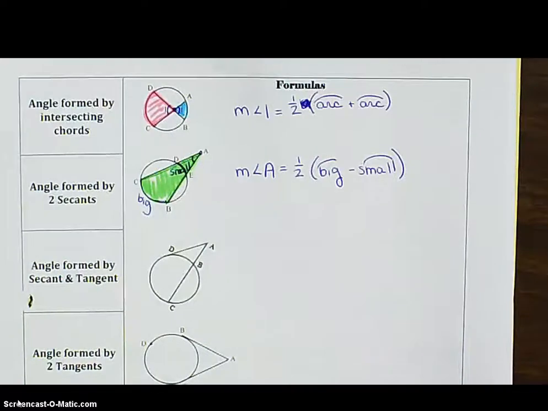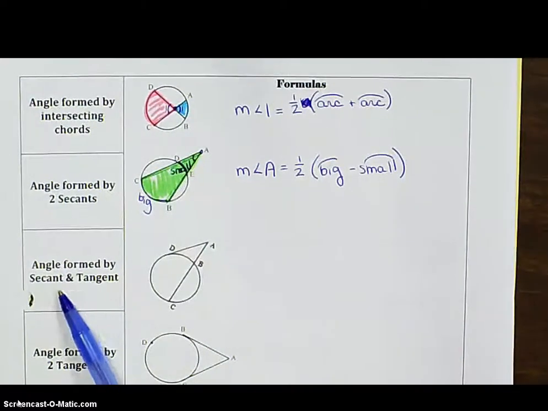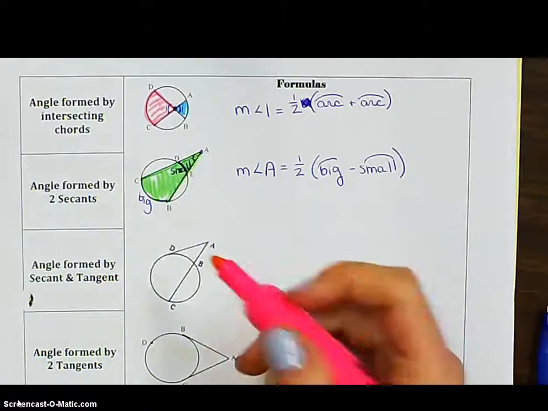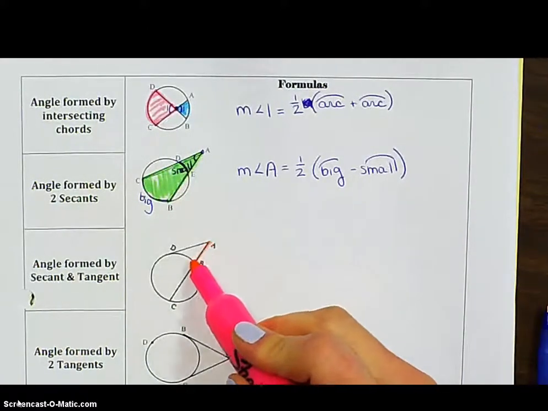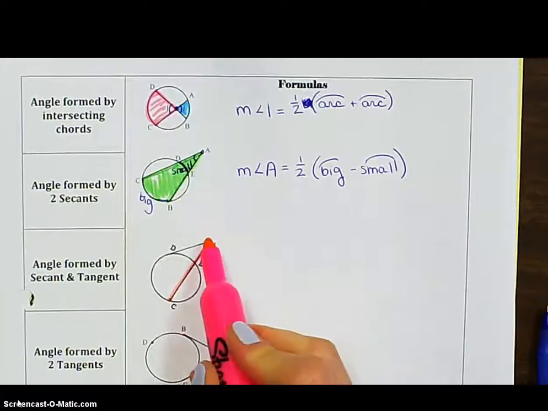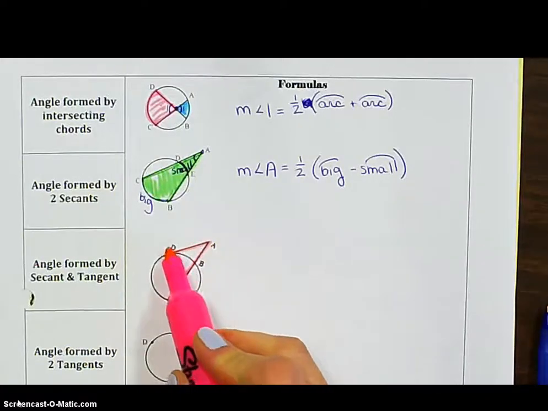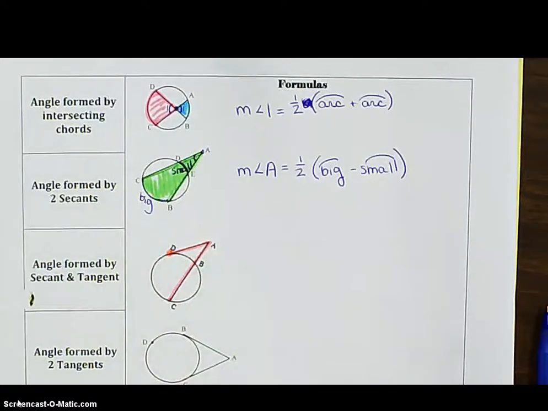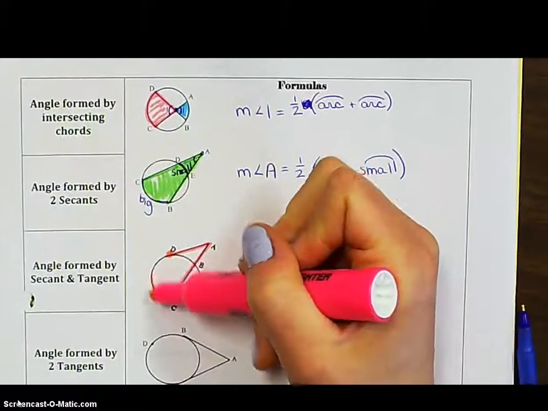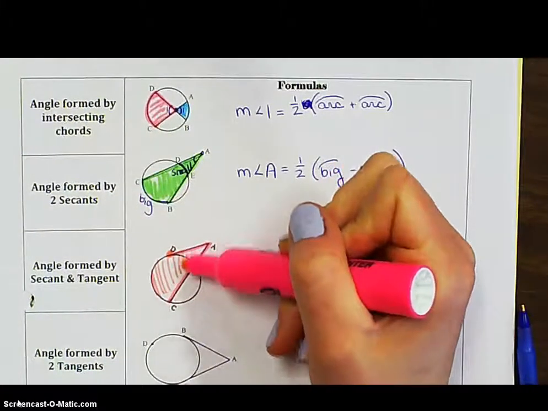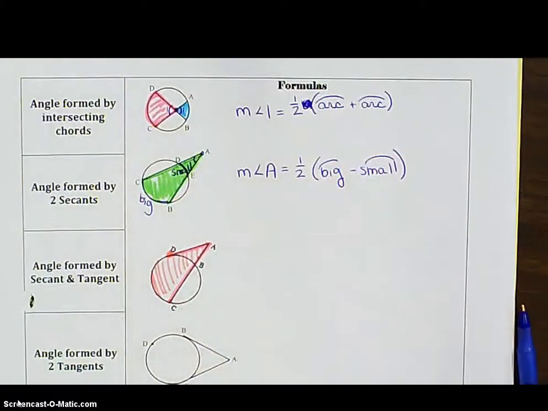Now, if I take a look at the third example, we have an angle formed by a secant and a tangent. Here is my secant. A secant starts outside of a circle and goes all the way through. And a tangent just touches the surface there. So there's my point of tangency at D. Inside of this angle, do we have 1 arc or 2 arcs?